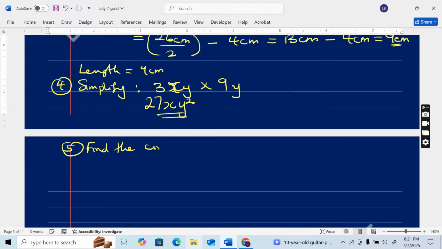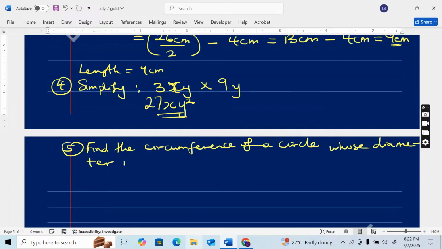Find the circumference of a circle whose diameter is 56 centimeters. Take pi equals 22/7.